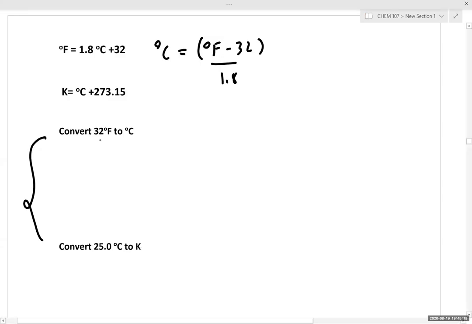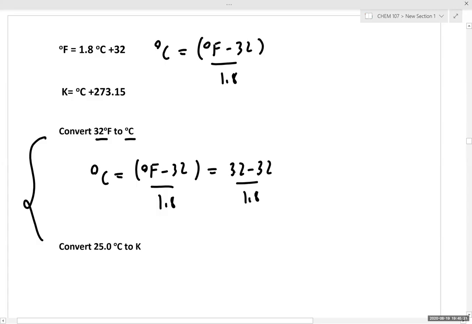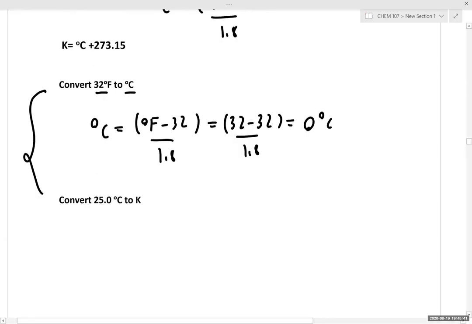So first, if we're converting 32 degrees Fahrenheit to Celsius, the degrees Celsius are equal to the degrees Fahrenheit minus 32 over 1.8. So we take 32 minus 32 over 1.8, and that gives us 0 degrees Celsius. Let's look at this next example.